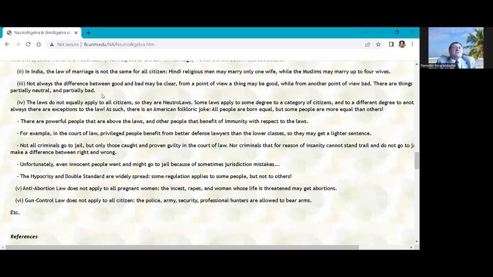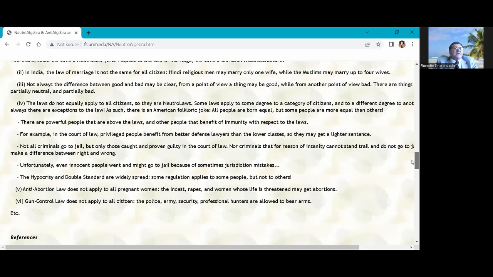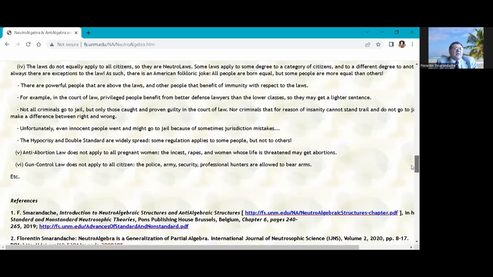There also is not possible to clearly distinguish between good and bad, and that may give a contradiction, or the laws, as I said before, do not apply in the same way for all people.